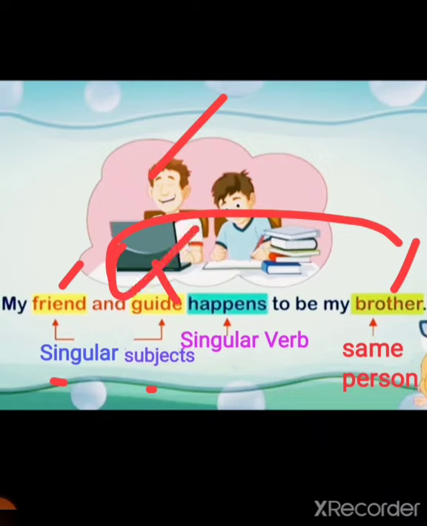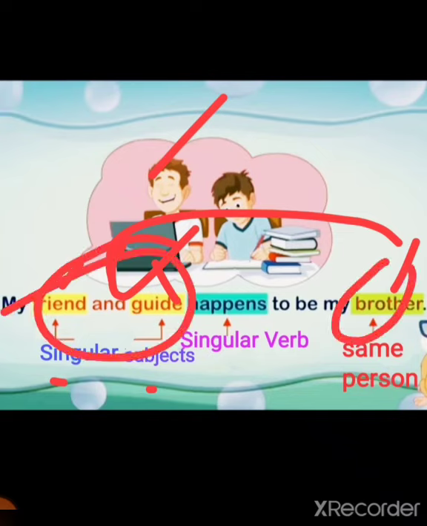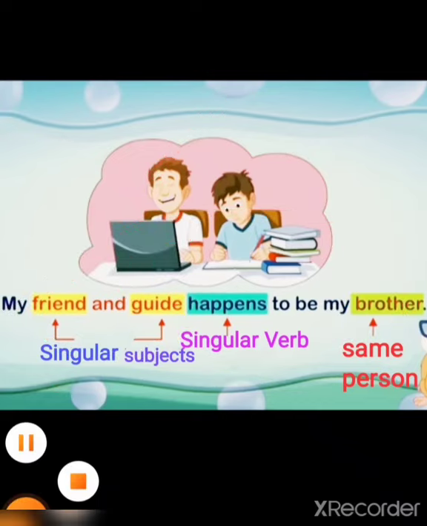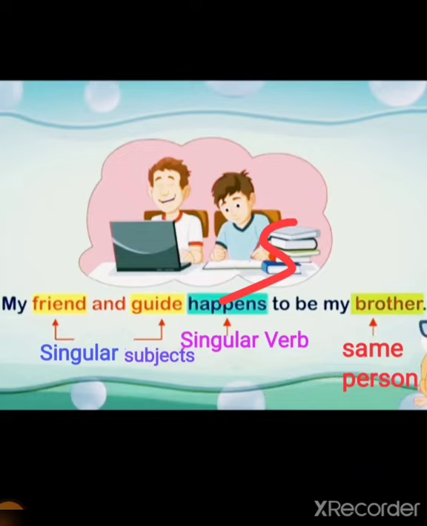So the singular person I am referring to here is my brother. My friend, my guide, these subjects are the same person. So that is why a singular verb will follow after that. After the main verb, I have written s over here: happens. Why? Because it is singular in number.